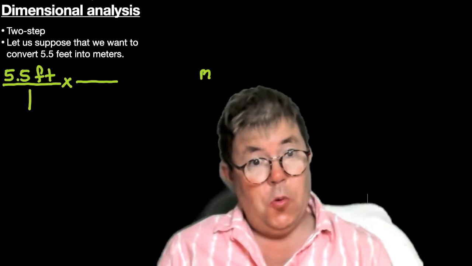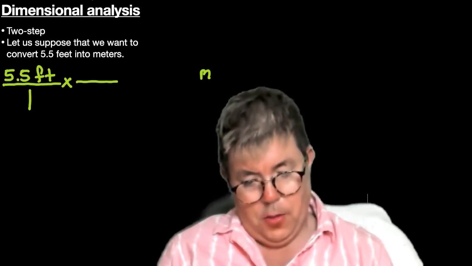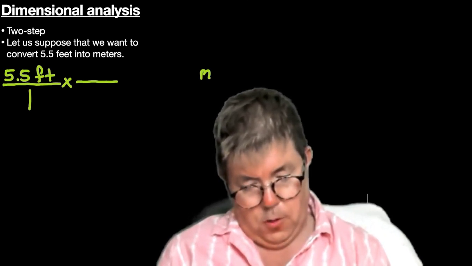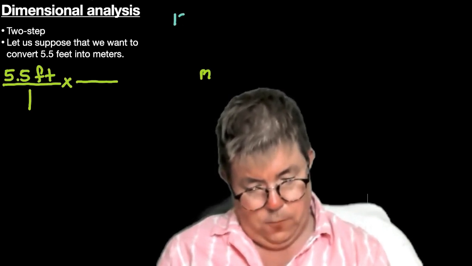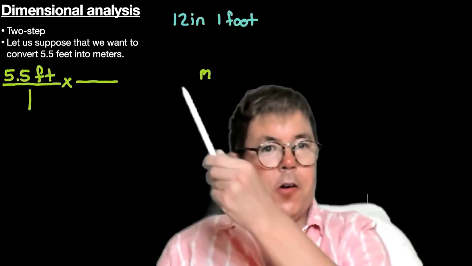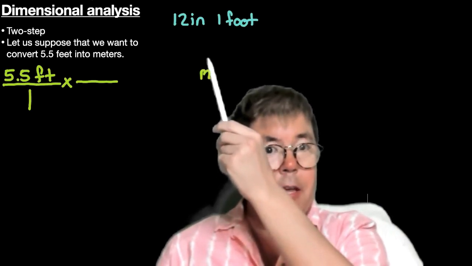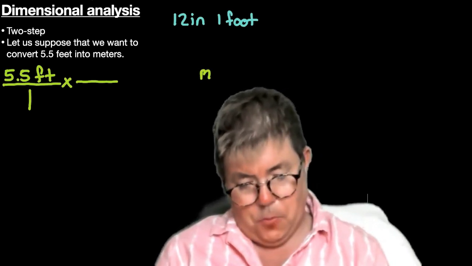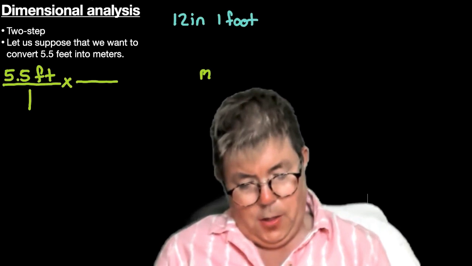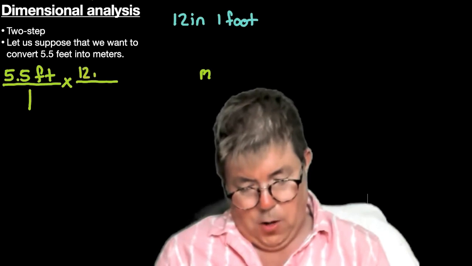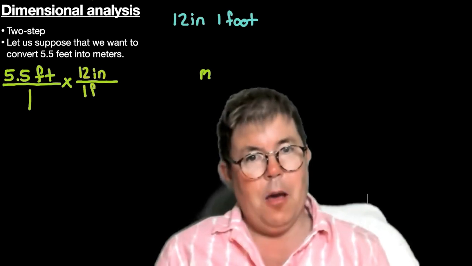In case you do not recall, there are 12 inches in 1 foot. Yes, you could look up directly the conversion between feet and meters, but we're going to do this in a couple steps. So the new unit is inches, and then we have 1 foot on the bottom.